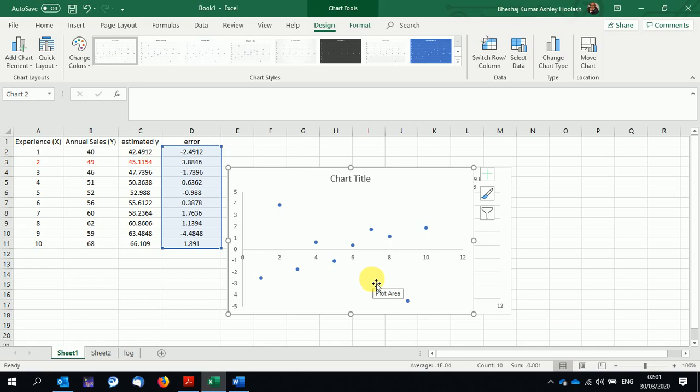If there is a pattern, it means that I can predict the errors, and if I can predict the errors, it means I can focus an exact value of y. Otherwise, I would know an exact value as a forecast. So that's why we want the errors to be perfectly scattered all over the place. There should not be any specific pattern, yet scattered all over the place.